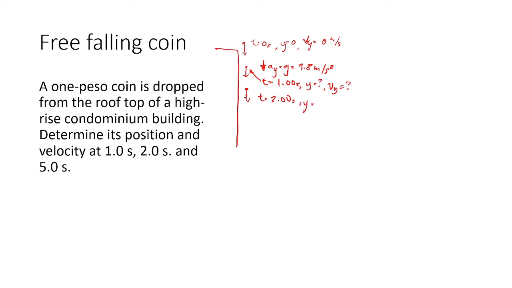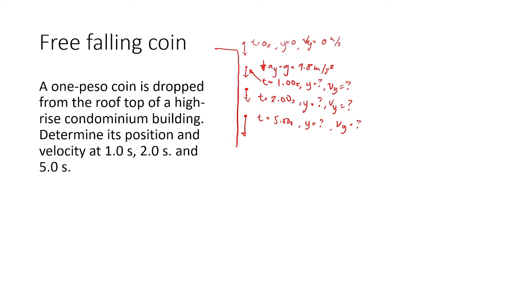Di natin alam yung y niyan, hindi rin natin alam yung vy. And also for the fifth second, kailangan din nating alamin yung kanyang position, which is y, and its velocity, which is unknown. So, yan yung mga gusto nating makuha.